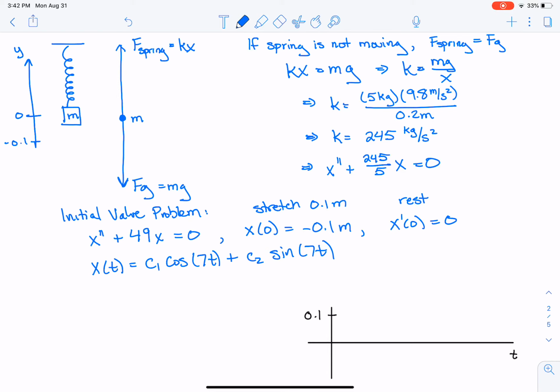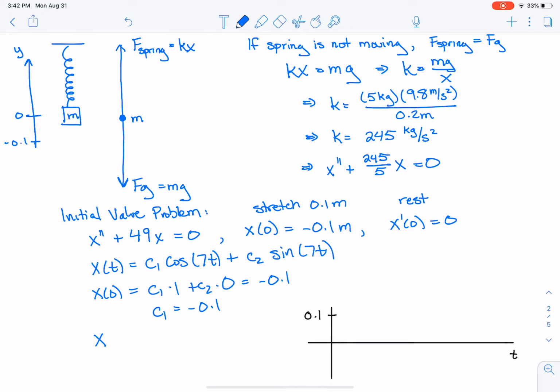Well, we can use the initial conditions. x of 0 is C1 times the cosine of 0, which is 1, plus C2 times 0, and that's supposed to be negative 0.1. So C1 is just negative 0.1.